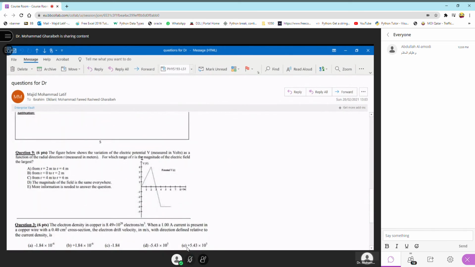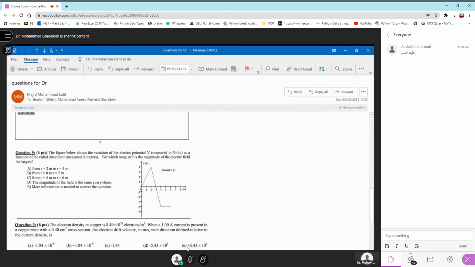The figure below shows the variation of the electric potential. For which range of R is the magnitude of the electric field largest? Now the derivative of the potential is my electric field. How much is the slope?